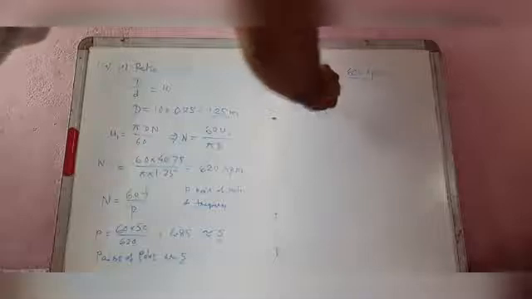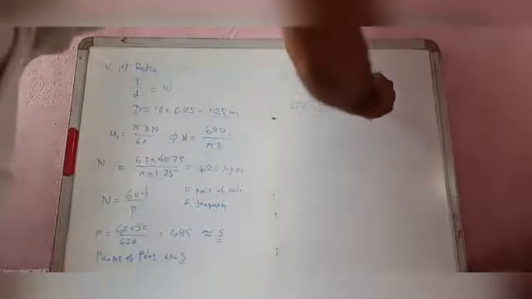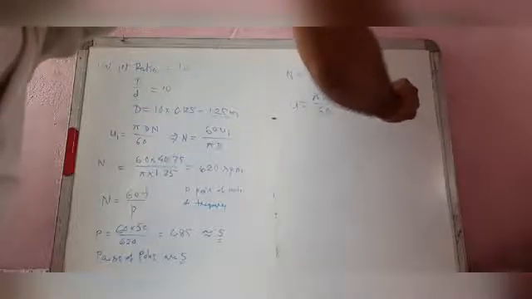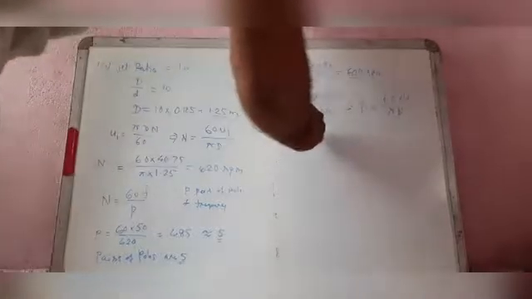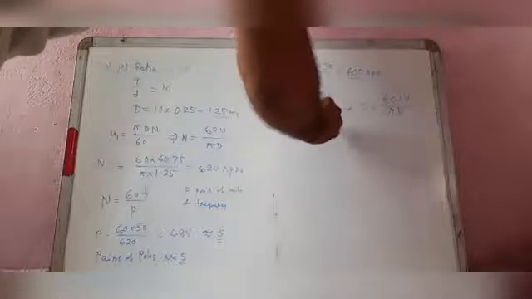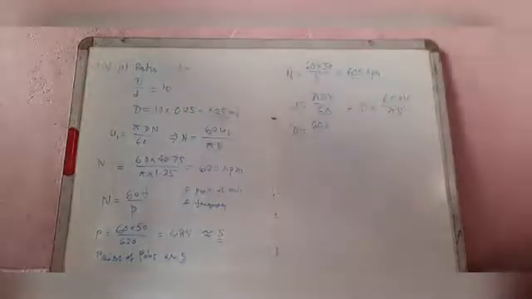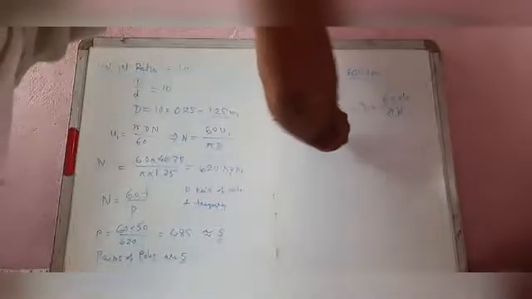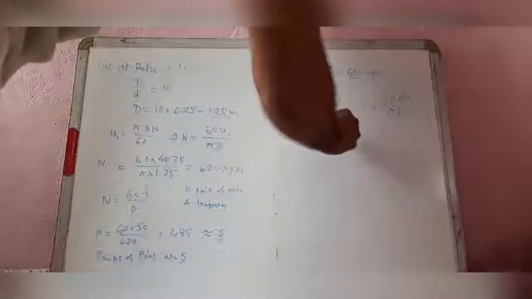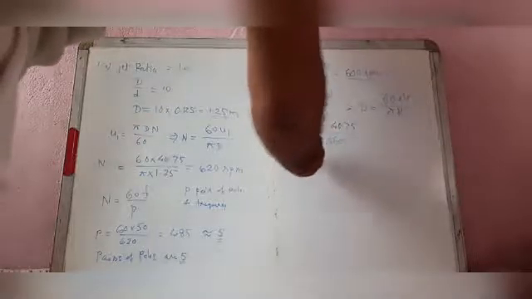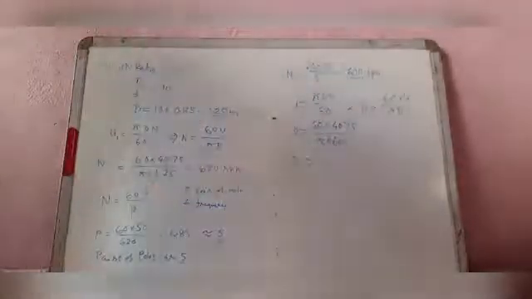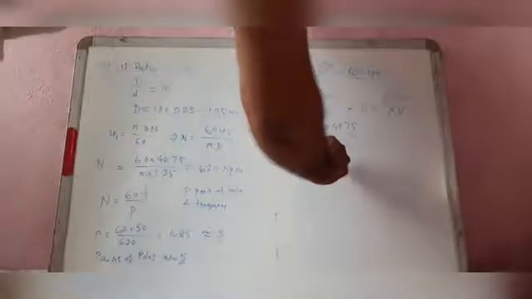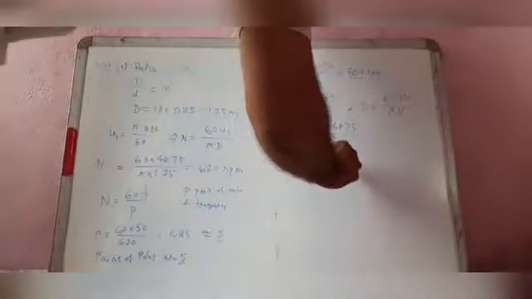So for getting the value of D equal to 60 U by pi N. So this D equal to 60 into U 40.75 by pi and N is 600. So the value of D equal to 1.3 meter.